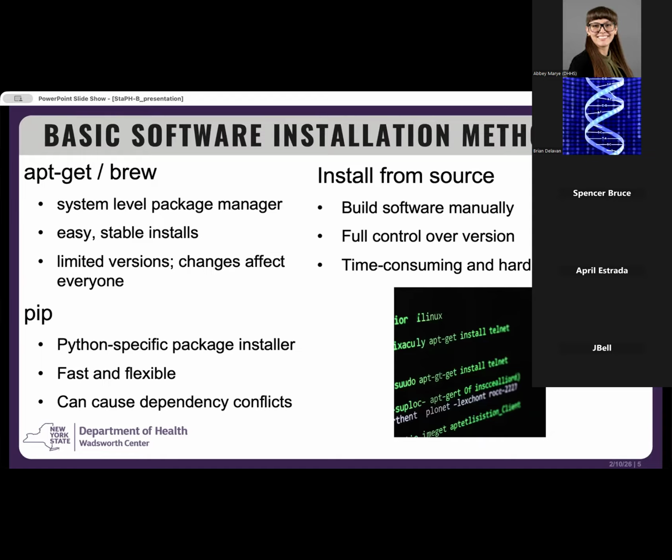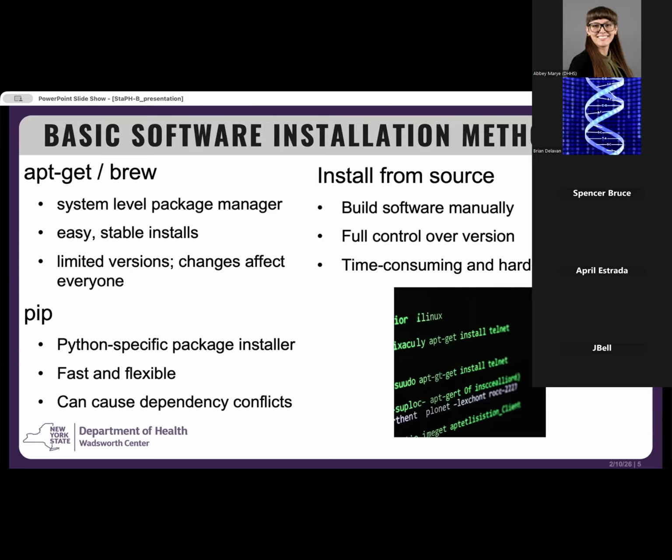The other option you have from a basic standpoint is to install from source. Installing software from source means downloading the code and building it manually. This gives you the most control over versions, compiler options, and system integration. In some cases, especially for specialized bioinformatic tools, this may be the only option.